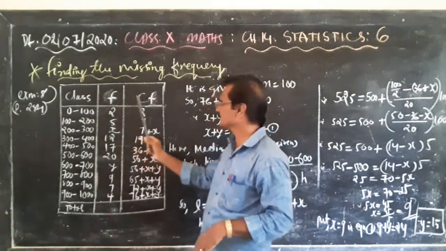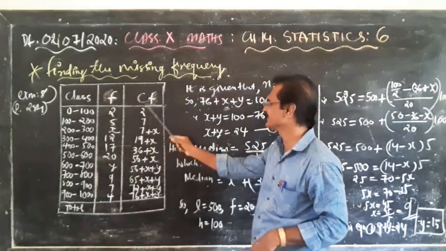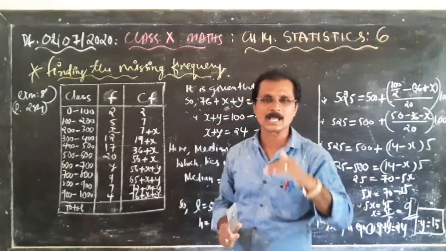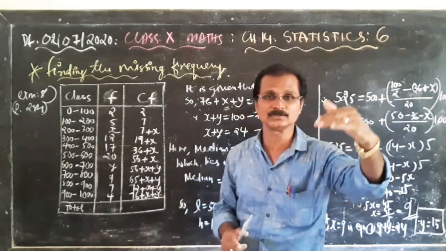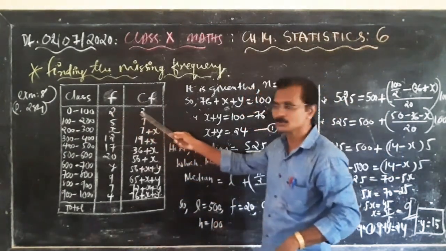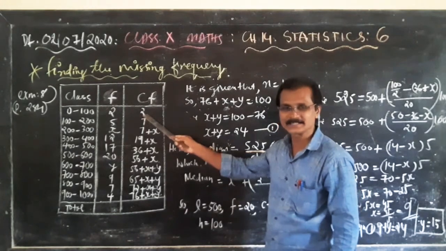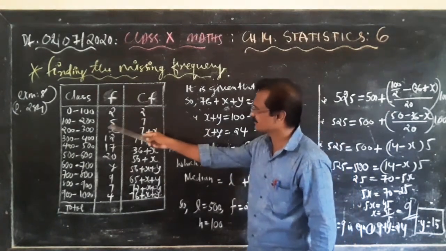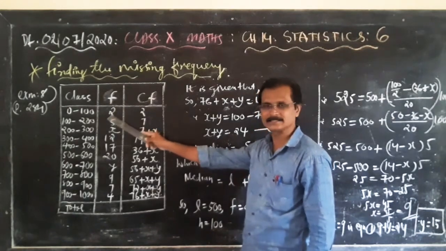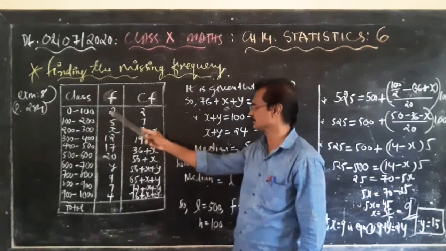Now the third column is cumulative frequency. How to calculate the cumulative frequency? By adding the frequencies one by one. The first class, 2 itself. For the cumulative frequency of the first class, you get the same frequency, 2.